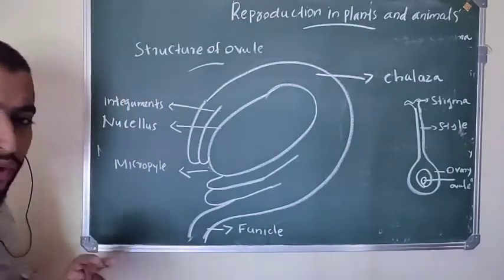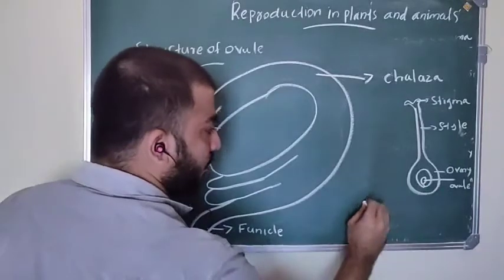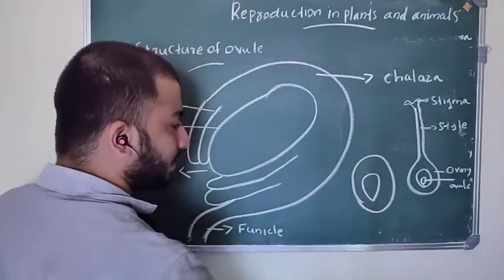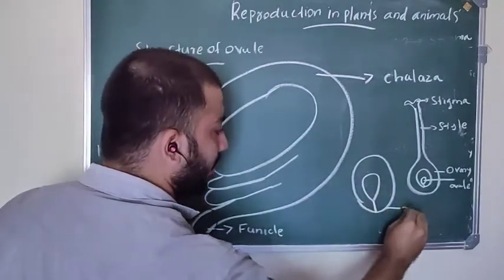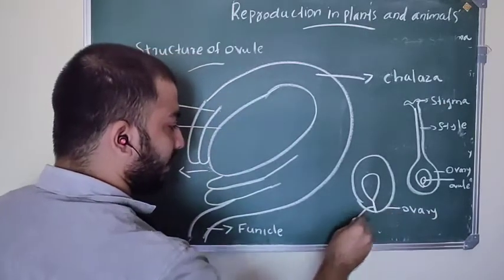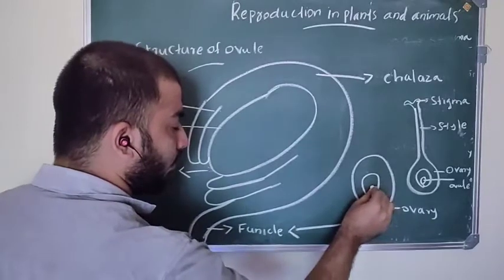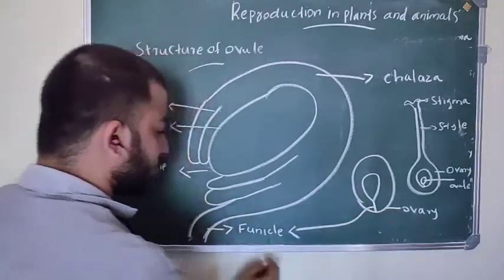You know the ovule is present inside the ovary. Suppose this is the ovary. Inside this ovary, what is present? The ovule. This ovule is connected with the ovary wall using a stalk-like structure. The ovule and ovary are connected with a stalk-like structure.